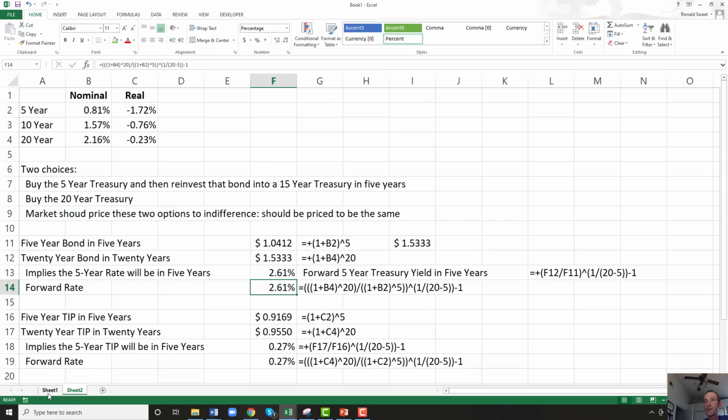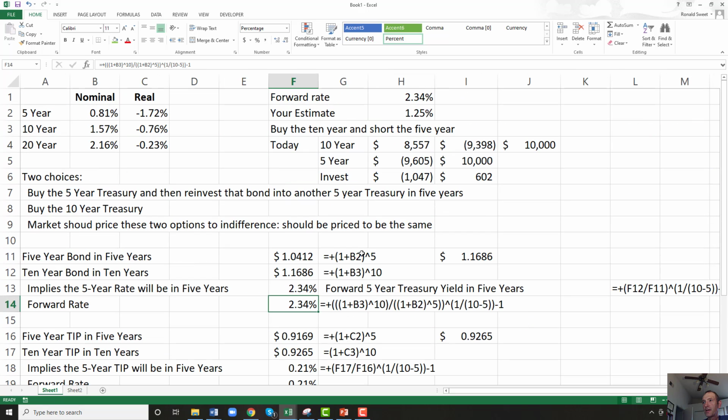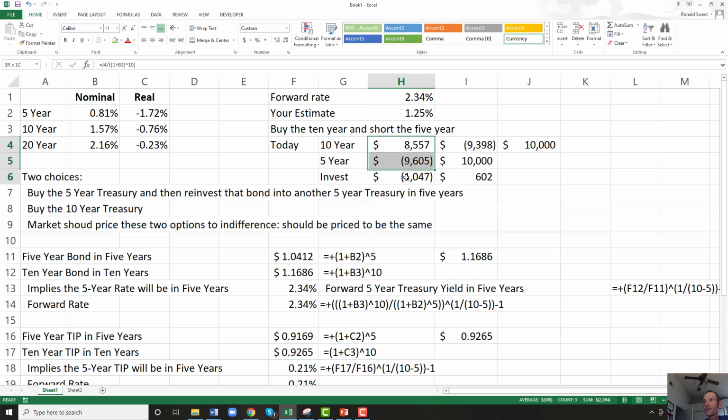If you're absolutely sure that's the case, if you know for sure the 5 year is going to be 1.25% in 5 years, then I would do not $10,000, I would do $10 billion. If you did $10 billion, then you get $1 billion a day. You'd only have to pay $600 million back in the future.